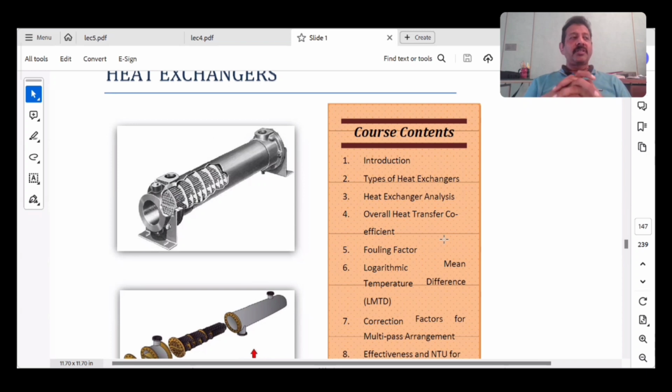Okay, so industries பொறுத்த வரைக்கும் heat transfer is a very important subject. Why? Because most of the equipments used in industries are heat transfer based, either conduction, convection, or radiation. In fact, today morning I was interacting with your first batch student.